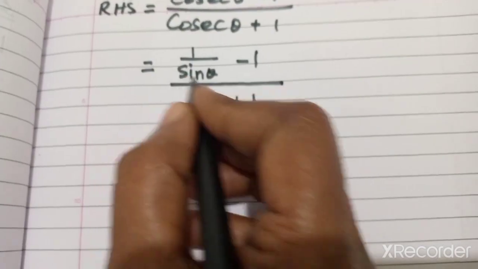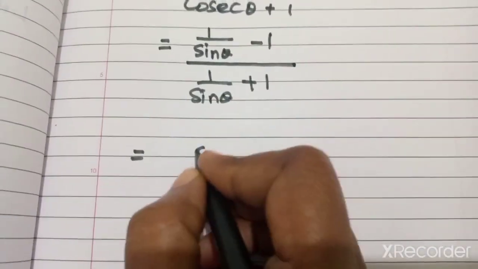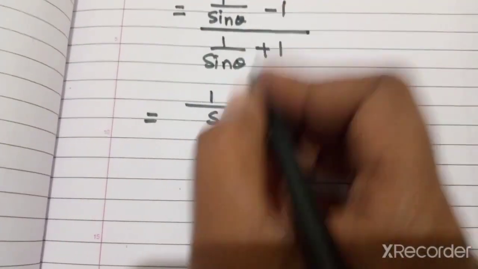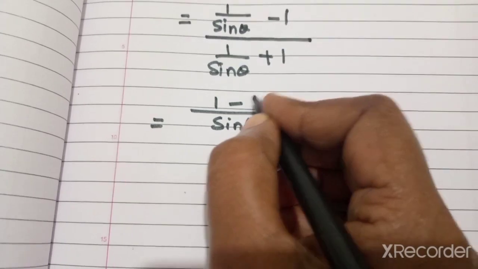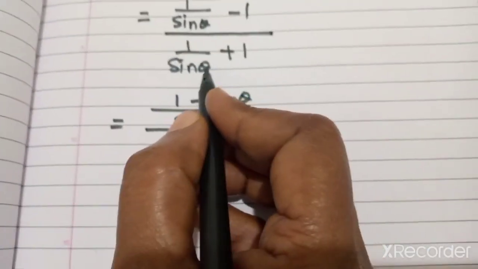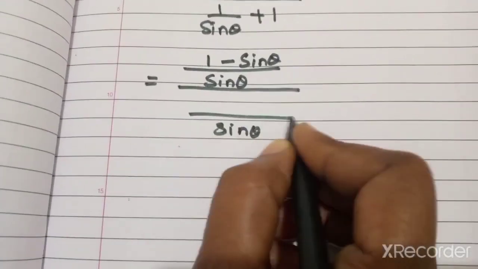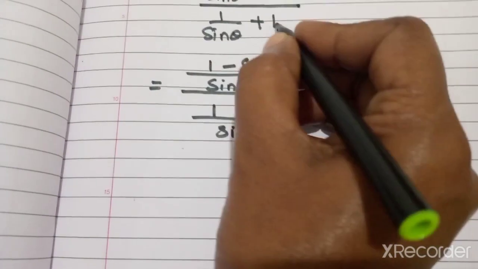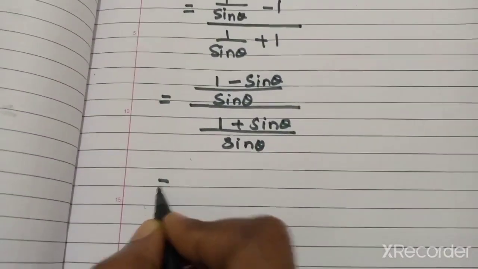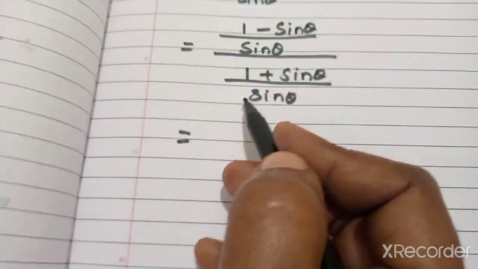Now let us take the LCM. What is the LCM of the numerator? Sin theta is the LCM: 1 minus sin theta over sin theta, divided by the denominator term also, let us take the LCM, sin theta is the LCM: 1 plus sin theta over sin theta. Here also let us change this division into multiplication.